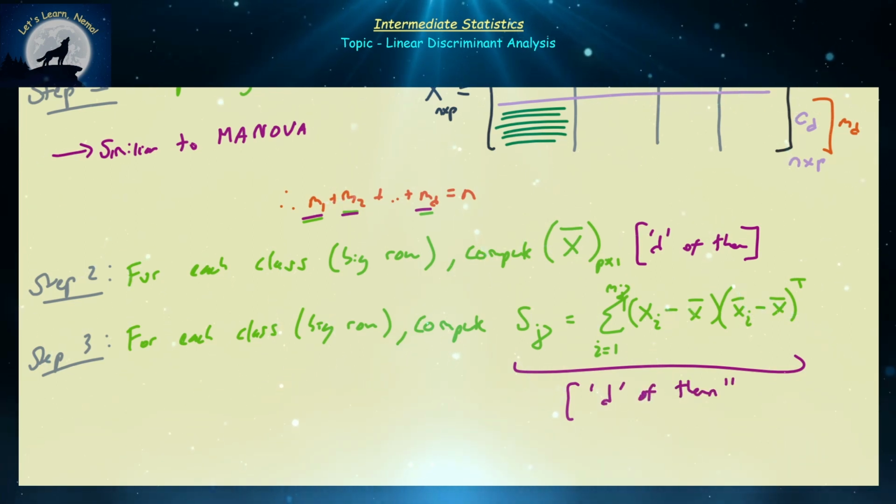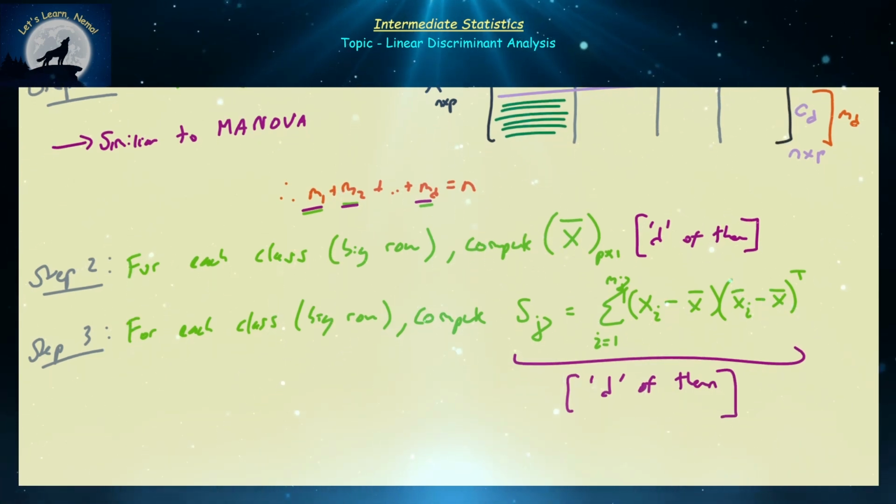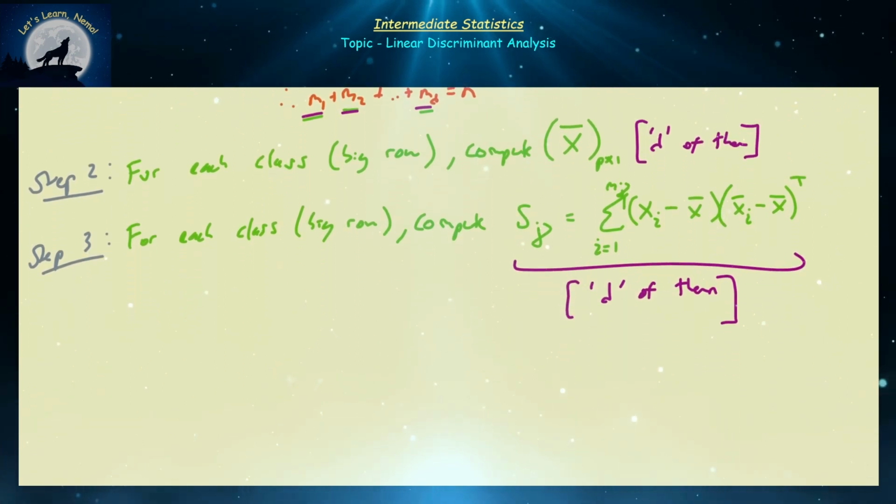Some people will call these matrices partial scatter matrices. So once you have these little Sj matrices, and keep in mind it's a matrix because this is going to be a p by 1, this is going to be a 1 by p, so that means this object here is going to be a p by p matrix.